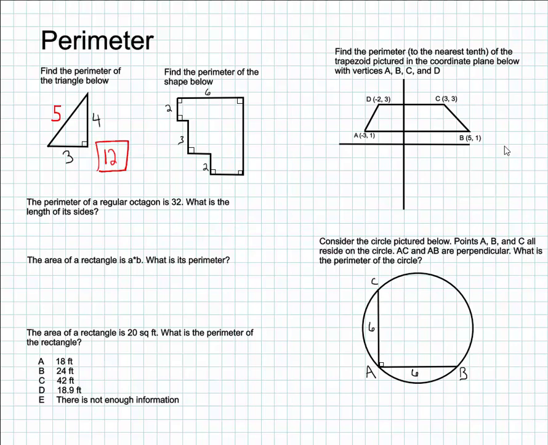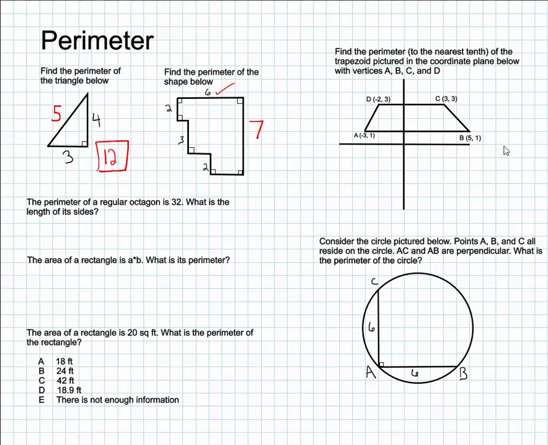Find the perimeter of the shape below. It looks like we're given a very clear width of this shape, which is 6, and we're given 3 different segment lengths of the height. So we get 2, 3, and 2, and if we add those up, that's 7. Since all of these are right angles, the total height is 7.